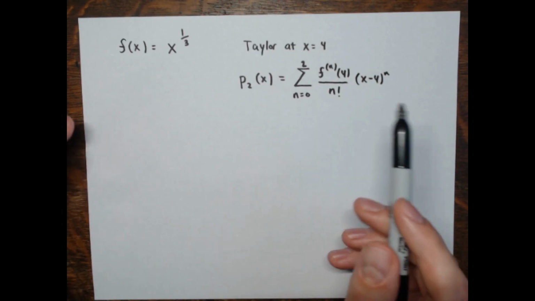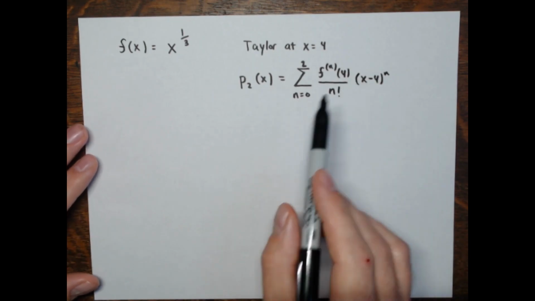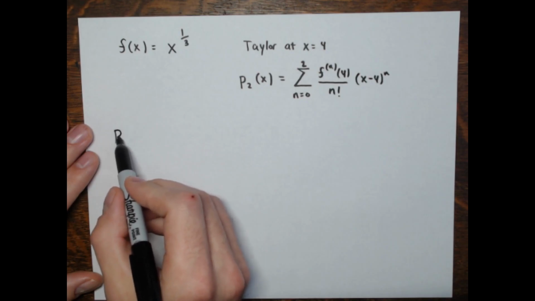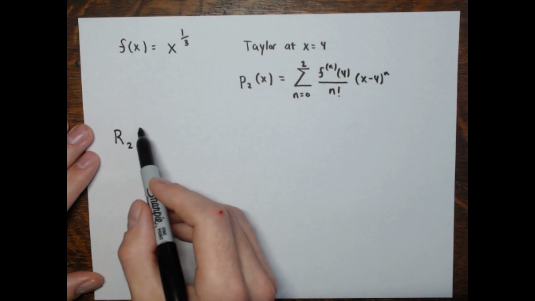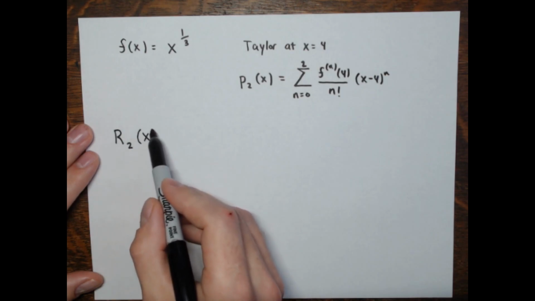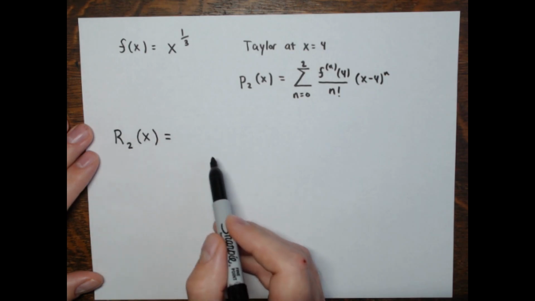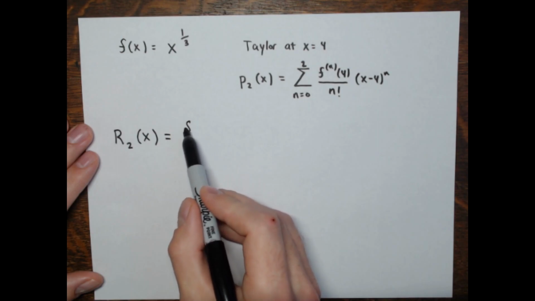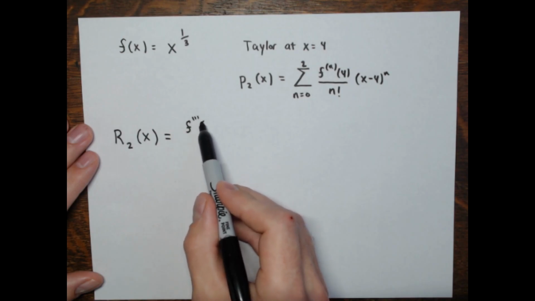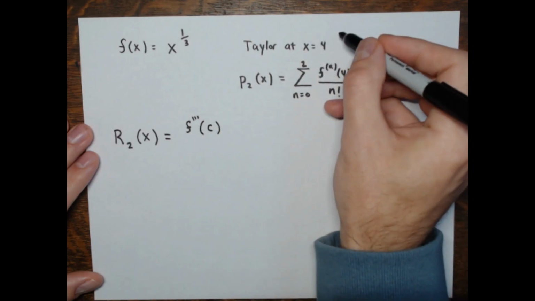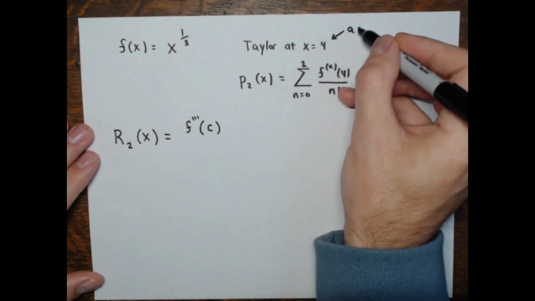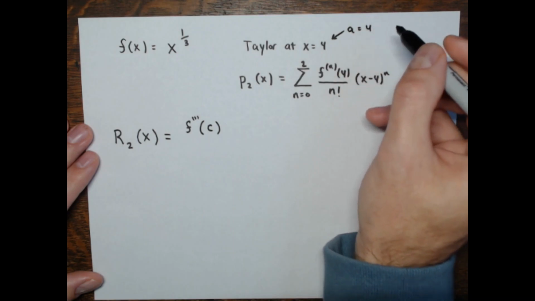So that would be the second Taylor polynomial. Now the remainder after the second Taylor polynomial, right? There's R2 of x. Remember, it's equal to the value of the third derivative at some value c. Now, the center is at 4, so that'll be a equals 4.